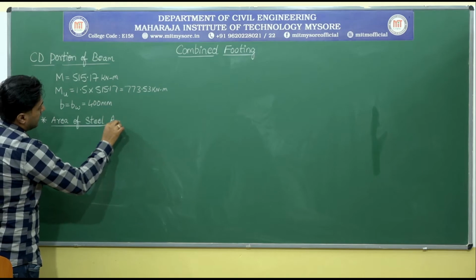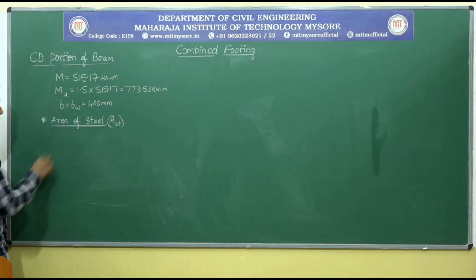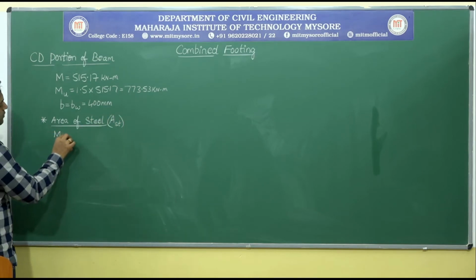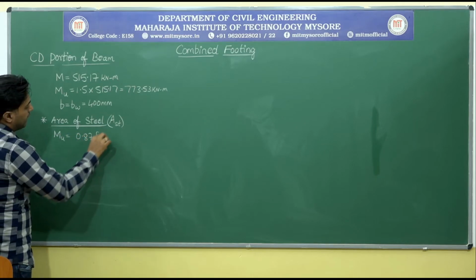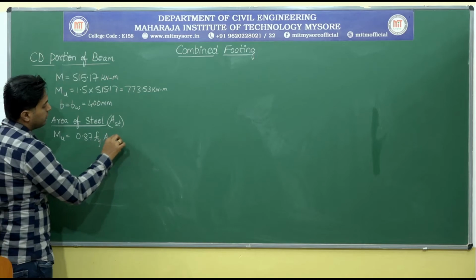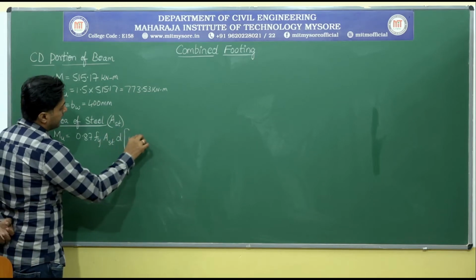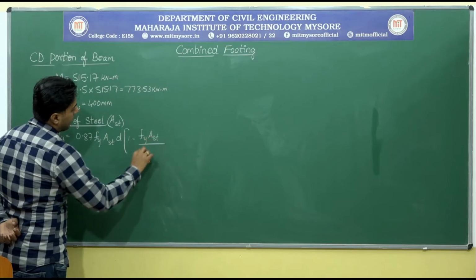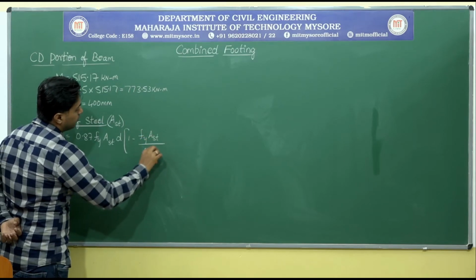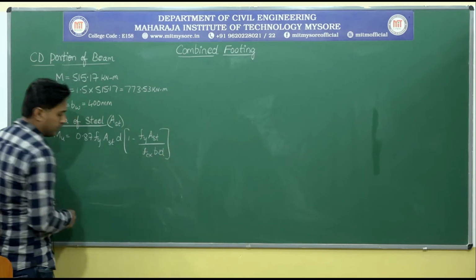So it's AST. Using the formula, Mu is equal to 0.87 Fy AST into d into 1 minus Fy AST divided by fck B d.